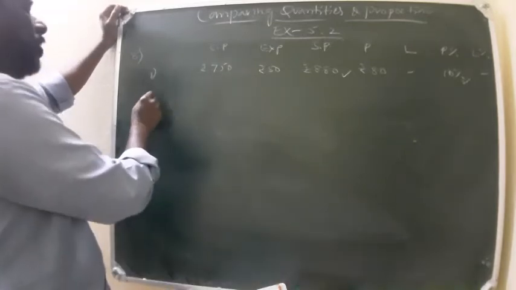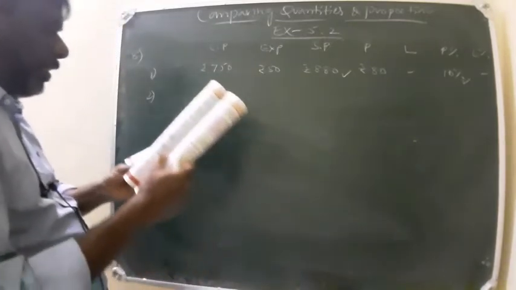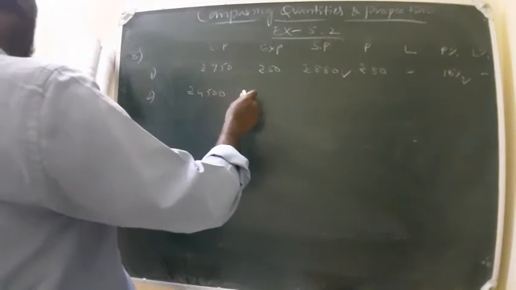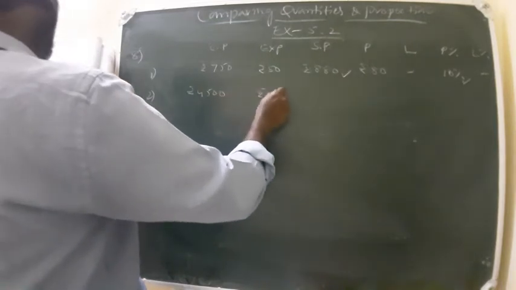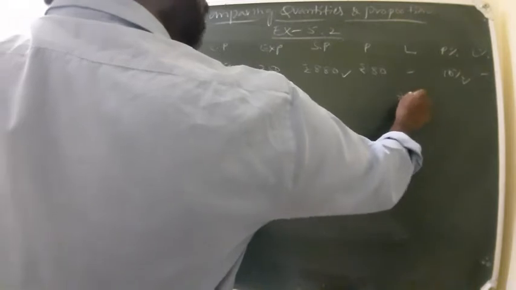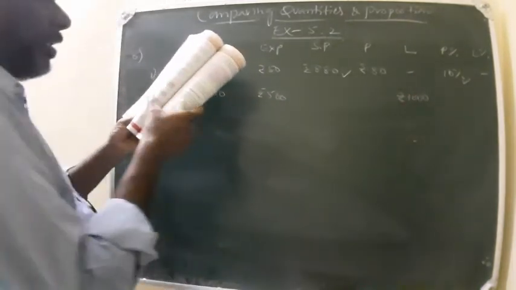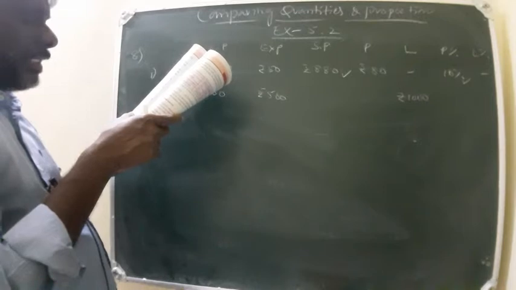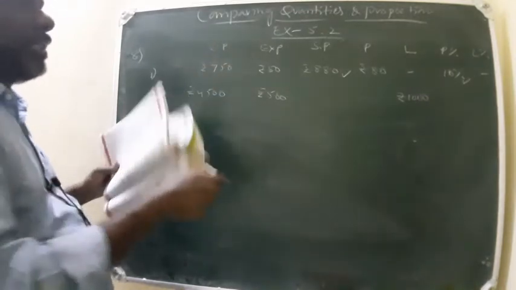Next, in the second question, you have rupees 4,500, expenses rupees 500, and loss is given here, rupees 1,000. So you have to find the selling price and loss percent.